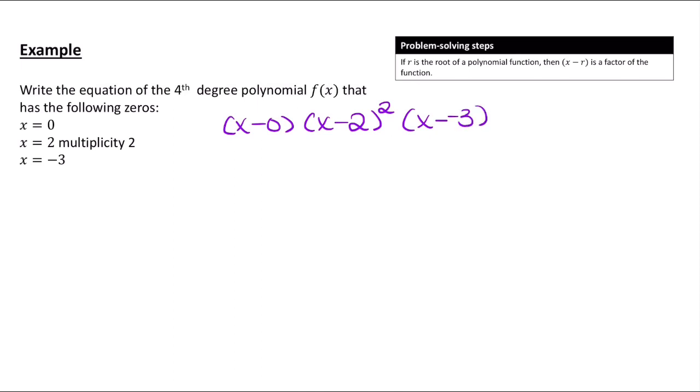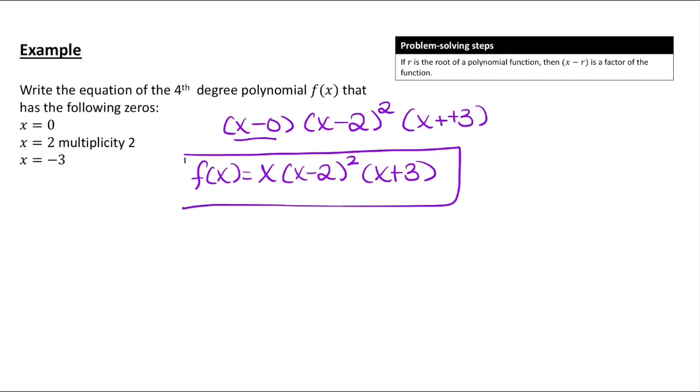So let's write this a little bit better. I don't really need to write minus 0, I can just write x. Then (x minus 2) squared, and then minus negative, let's turn that into a plus. So that is going to be the fourth degree polynomial f of x.